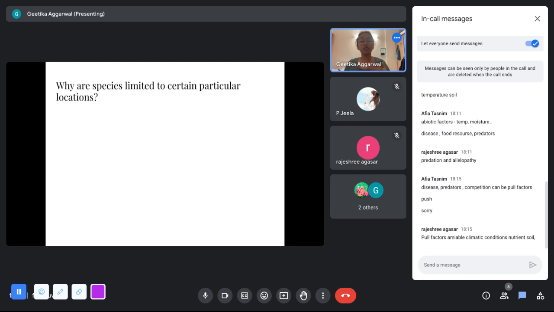There were two keywords that were discussed in the lecture: the things that limit or allow a species to occupy certain particular locations but not others. Do you recall what that was, or can you tell me some reasons that a species is limited to a particular area?